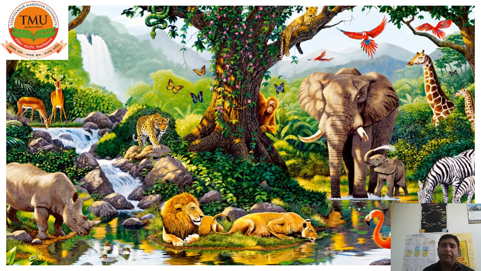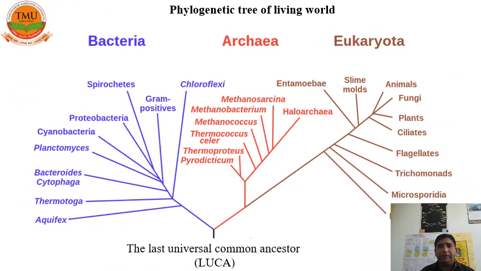But when scientists started to study it systematically, they found a very strange thing: every living being present on the earth originated from universal common ancestors. The last universal common ancestor is named LUCA.